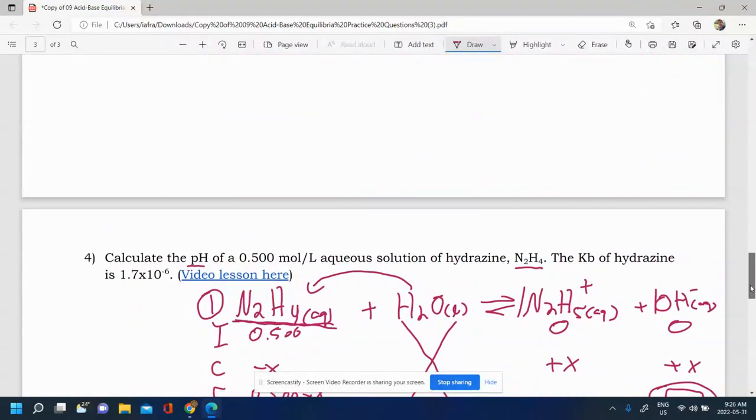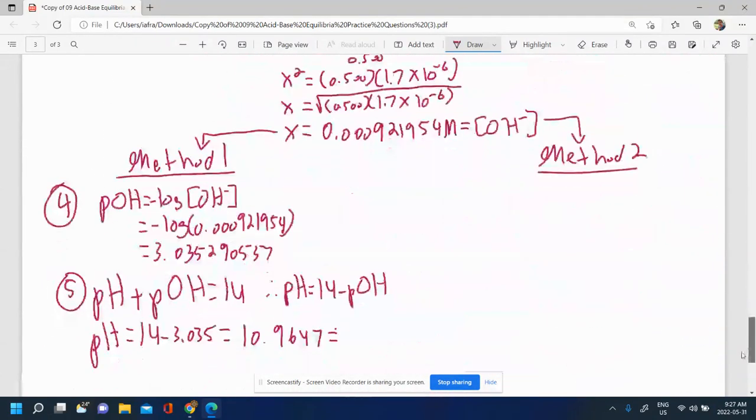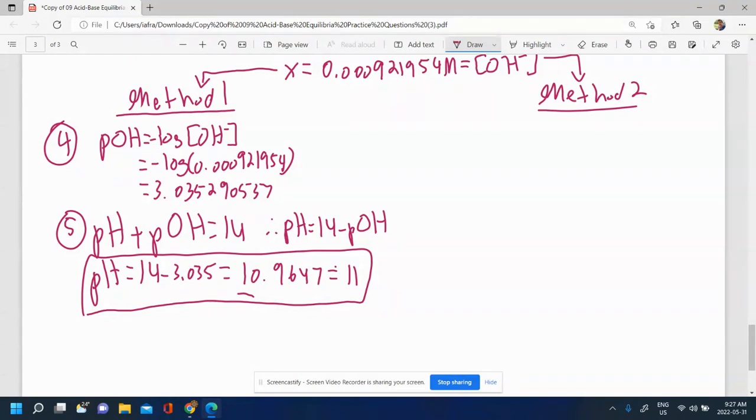We have 2 sig figs, the smallest number of sig figs over here. So to 2 sig figs, about 11. So our pH is approximately 11. But we had to find the pOH first, and then from the pOH we can convert to the pH. So that's one way you could have done it, and you would have had full marks, no problem.